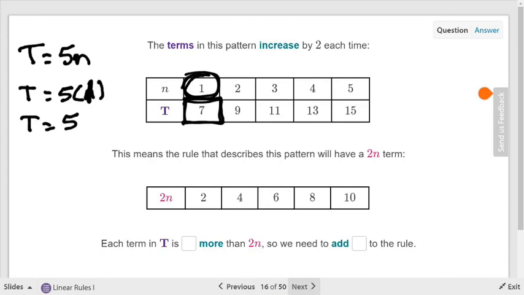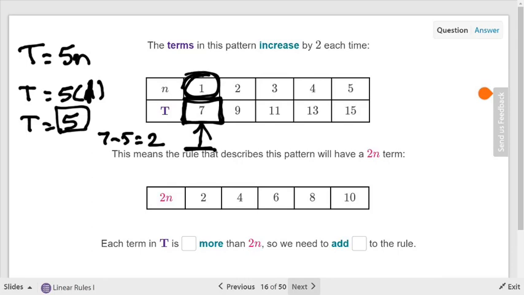But if n is 1, should my t be 5? No, it should be what? 7, right? So this number now is too small, isn't it? Okay? Too small by how much? 1. Yeah, well, not 1, but what? 2. If you just subtract them. 1 minus because you keep tricking us.